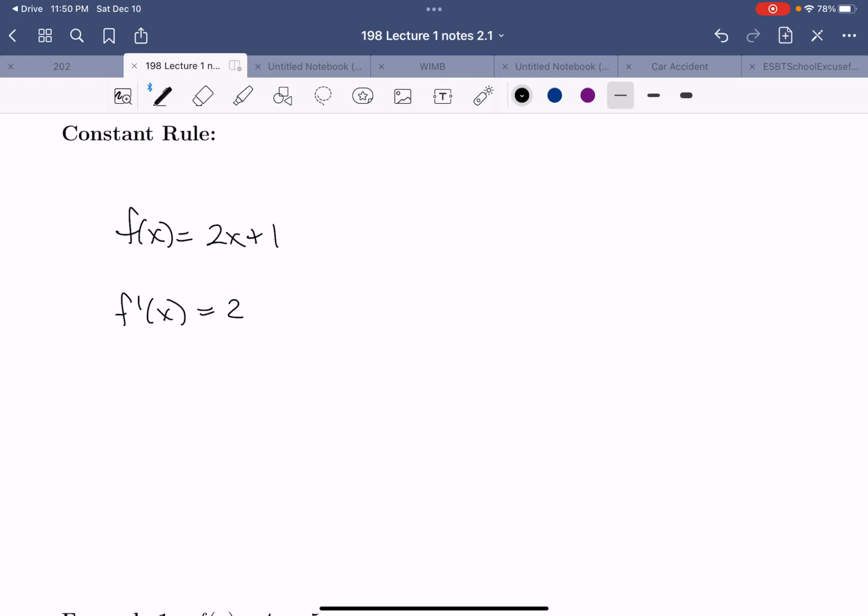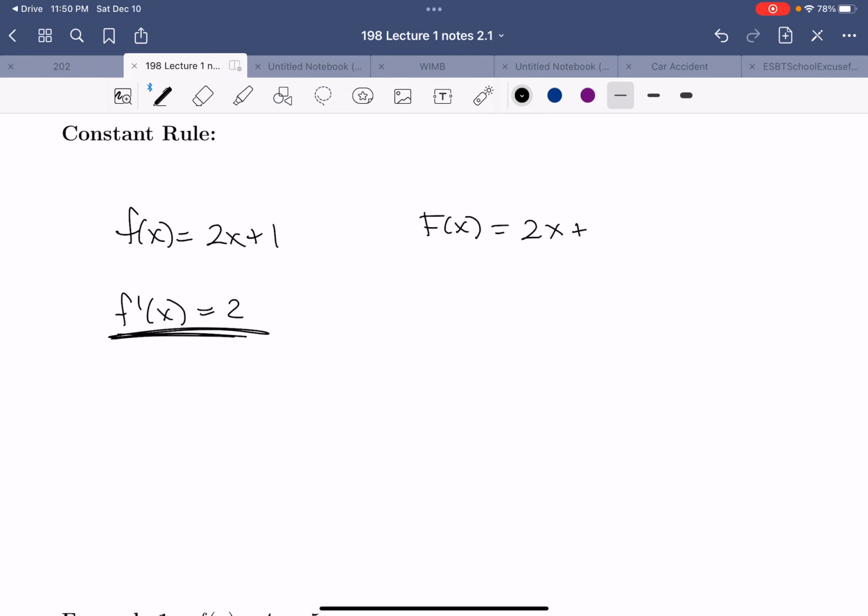So when you're trying to find the antiderivative of f prime of x, if you're trying to go backwards, you're adding on the x to the 2 to get the 2x, but if I didn't know that f of x was 2x plus 1, and I'm trying to find the antiderivative just from here, I wouldn't know that the plus 1 is there.